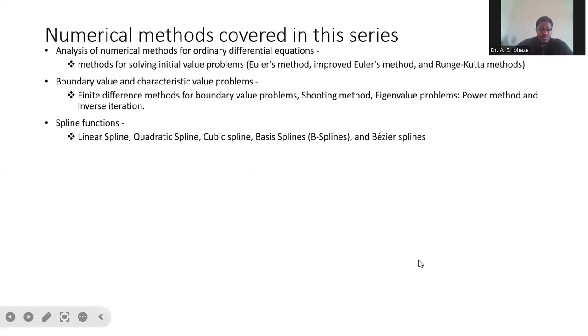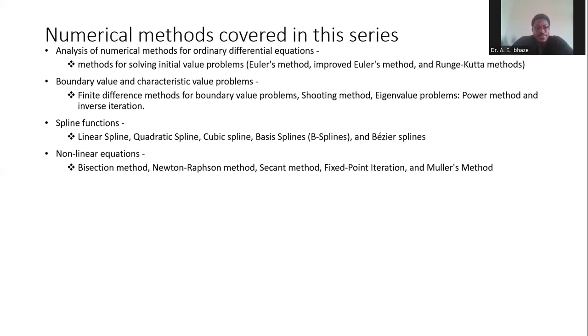And then we'll also move on to look up spline functions, where we'll look up the linear spline, quadratic spline, cubic spline, although cubic spline finds wide application, as we'll uncover shortly, the basis spline and the B-splines.